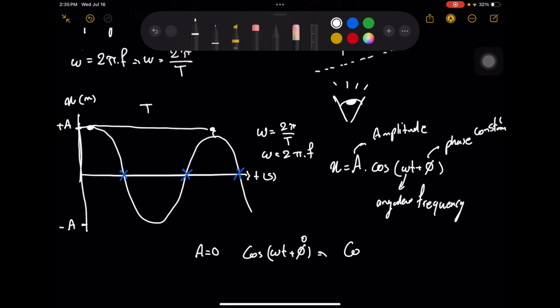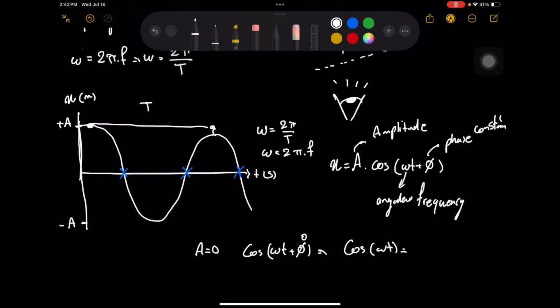So cosine of omega t should be at pi over 2, 3 pi over 2, 5 pi over 2, and so on. For example, pi over 2 is 90 degrees, so cosine of 90 is 0, and 0 times amplitude is 0, so x would be 0, which means that we're at the equilibrium position.